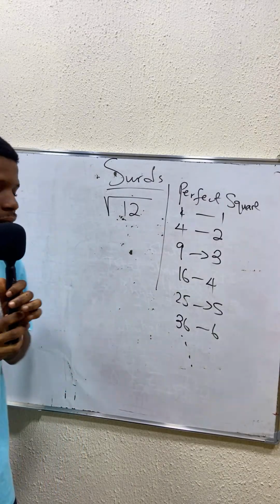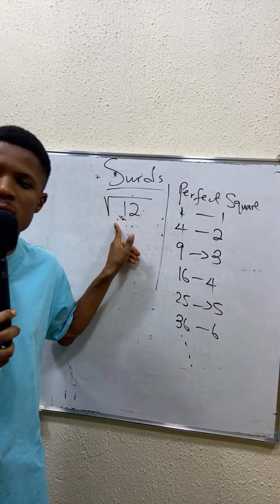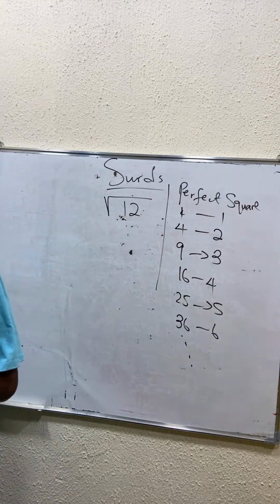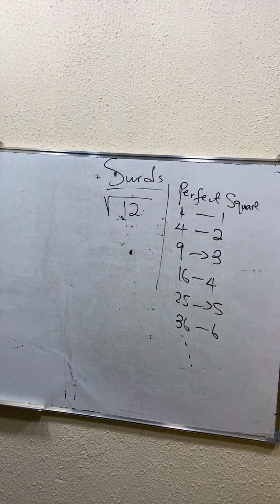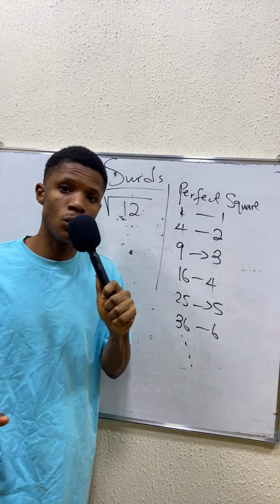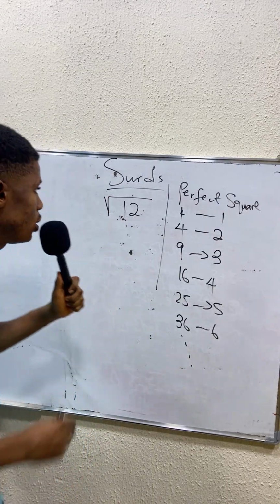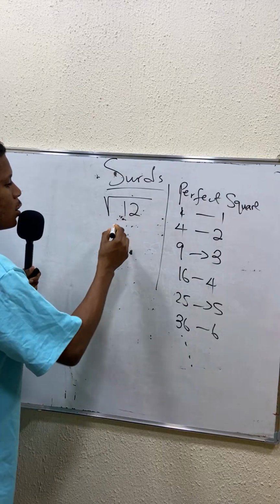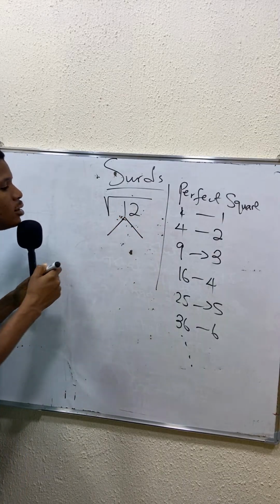Like here in our example on the board, we have root 12. We are expected to simplify the surd. To simplify the surd, it is very, very easy. All you have to do is look at the number inside the square root.